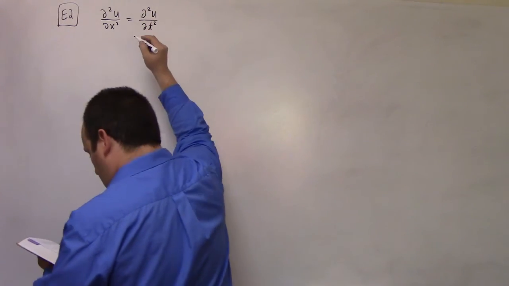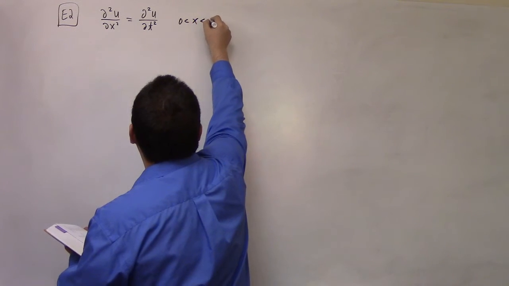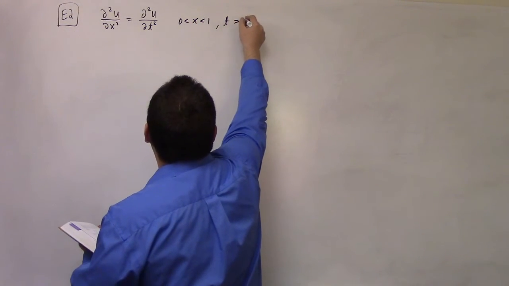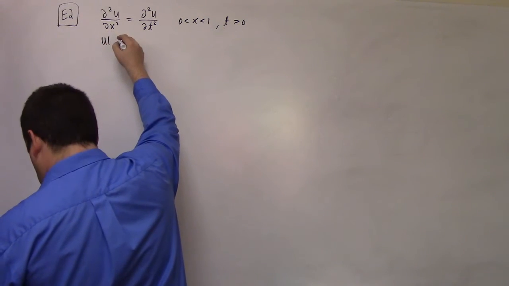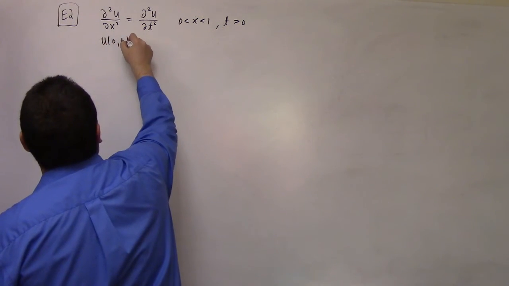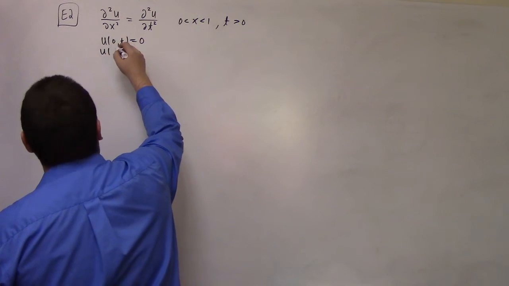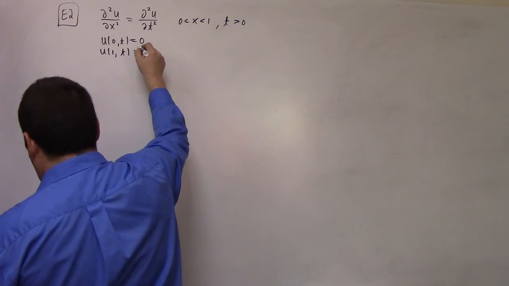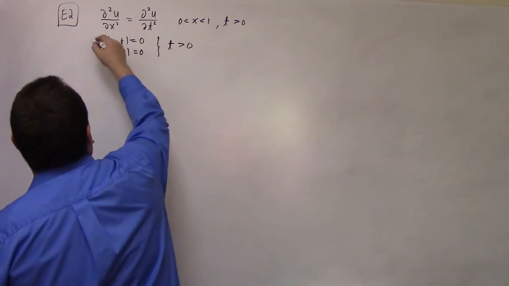So this is a wave equation. 0 less than x less than 1, t greater than 0. And he's going to give us that u of 0,t equals 0, and u of 1,t equals 0 for t greater than 0. There are your boundary conditions.